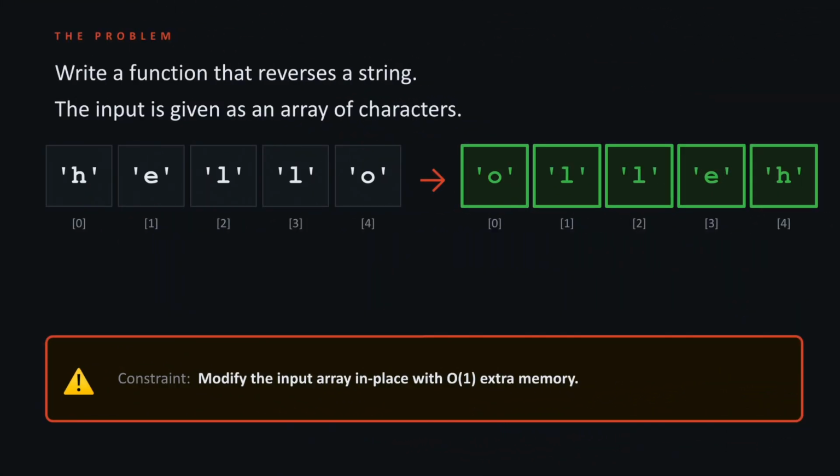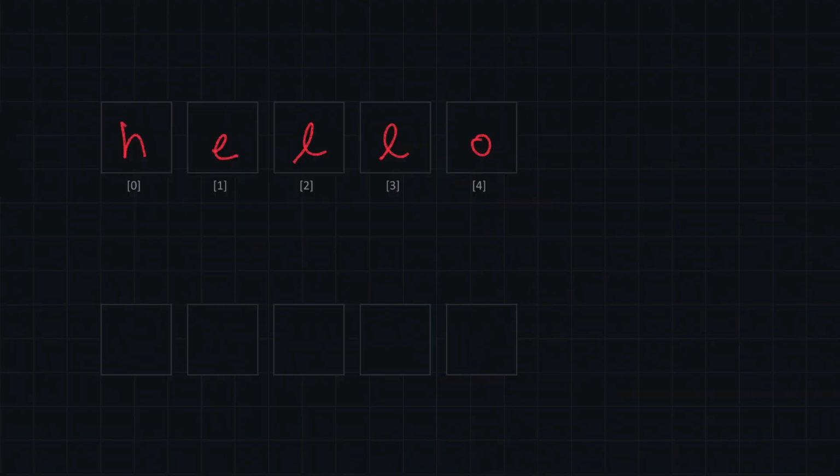Let's start with the first instinct for a lot of developers: creating a copy, making a new array and filling it in reverse order. Let me show you. Straightforward logic. We create a copy array and loop from the end of the original array. Why the end? Because from the end we will keep copying the characters to our copy array.